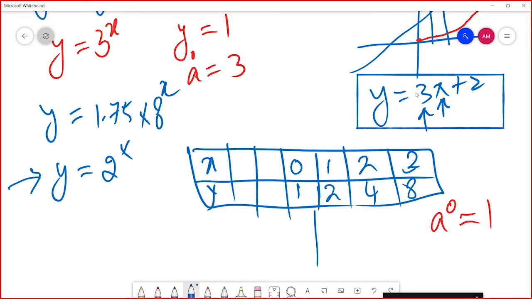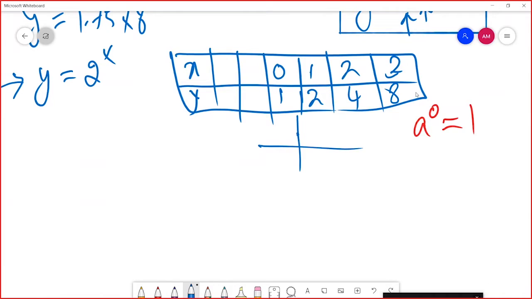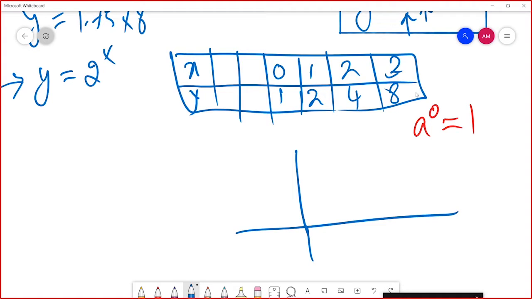So if I plot this graph, at 0 it is at 1. At 1, it is at 2. At 2, it is at 4.